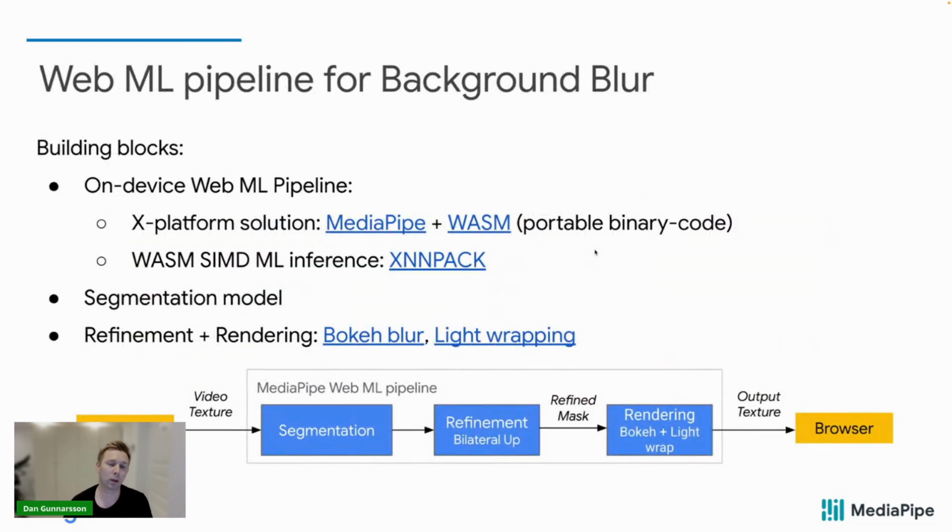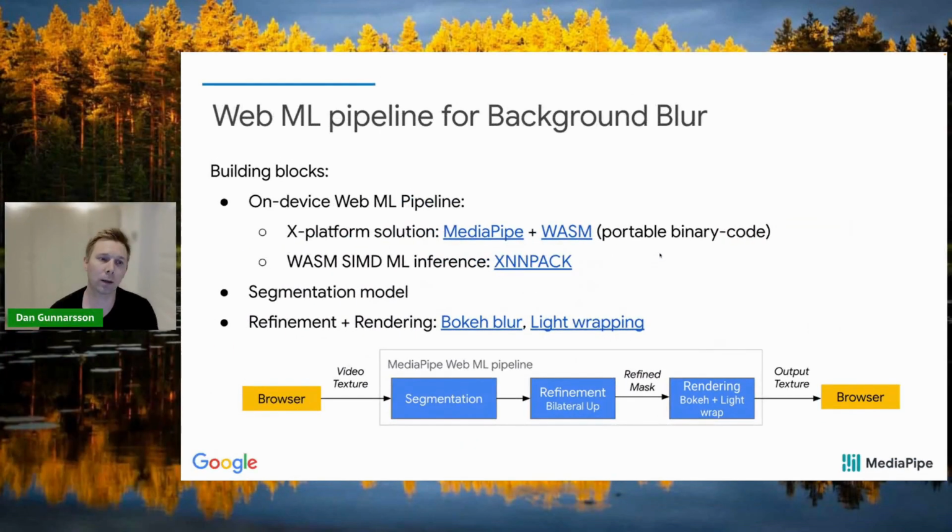Looking a little bit closer at the actual pipeline, we are using MediaPipe as our processing pipeline for all features. We have a solution that is cross-compiled into WASM, and in order to run inference, we are using XNNPack, which is highly optimized for running inference, using a library of floating point operations to enable neural networks.